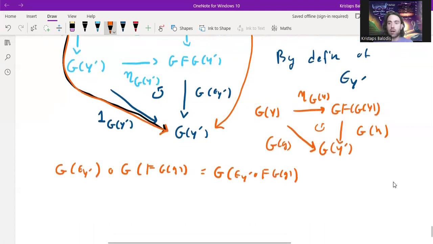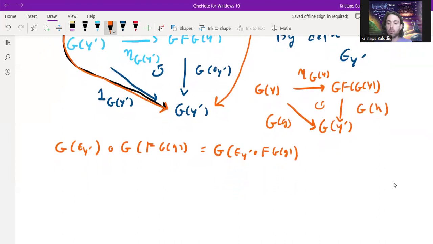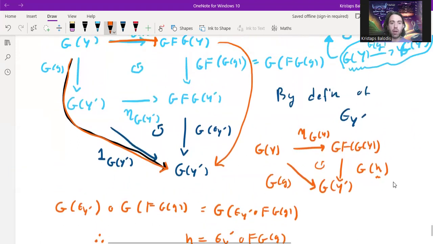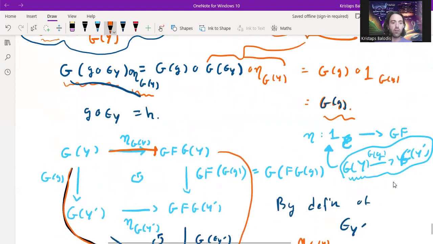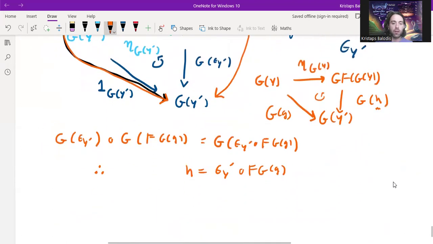So that means, and remember, H was the unique map such that when we applied G, this diagram commutes. And so we're forced to conclude by the uniqueness that whatever that map H is the same as if we composed these two things. But remember, if I scroll up a little bit, we also saw that H was G composed with epsilon sub y. And that basically gives us the results, right?